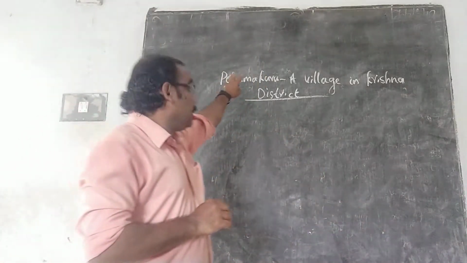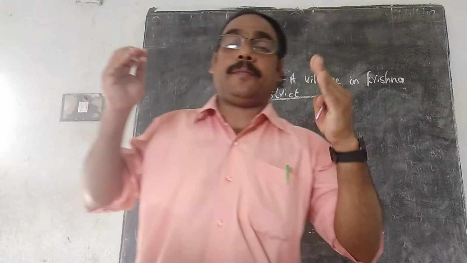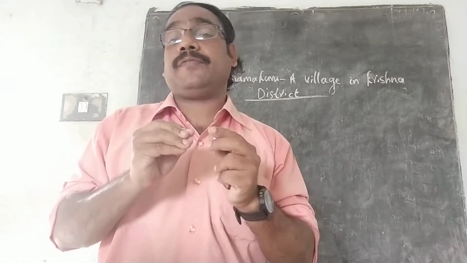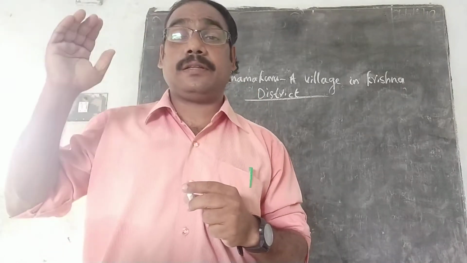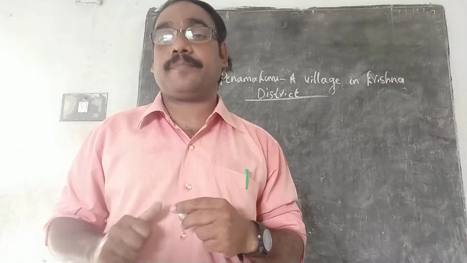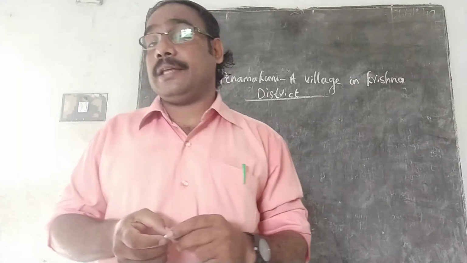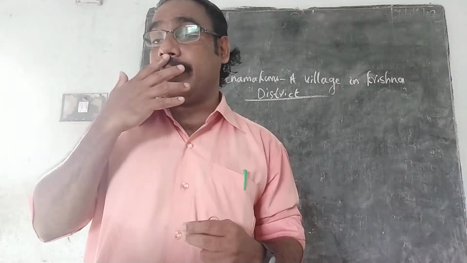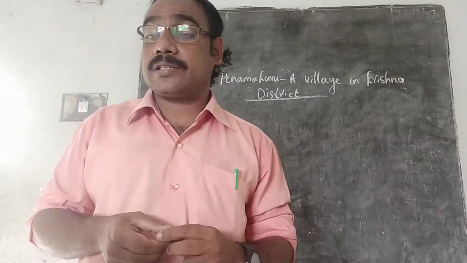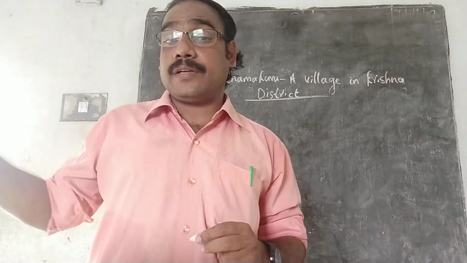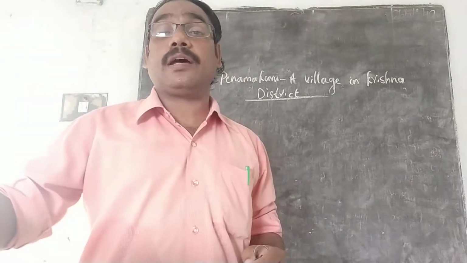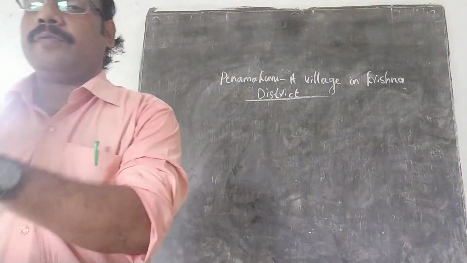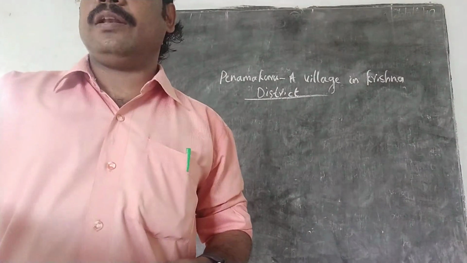So when we are taking the history of Panamakuro village, almost 750 families are there. Out of the 750 families, 10 families have 10 acres of land, and 150 families have land below 5 acres, and the remaining families, that is 750 minus 160, do not have any kind of land. These are the main things we are going through in this village.